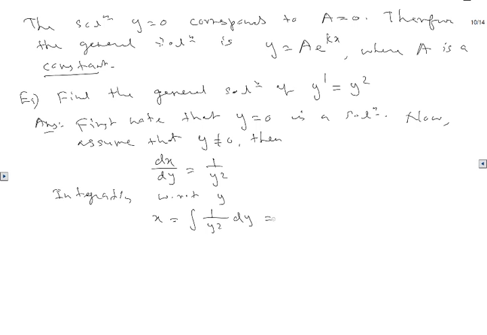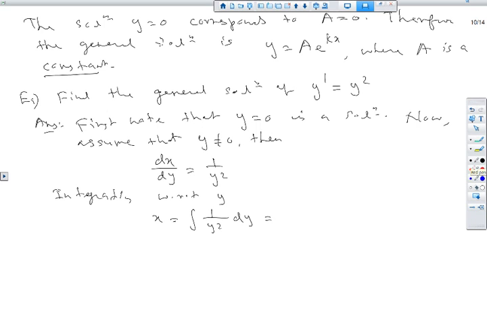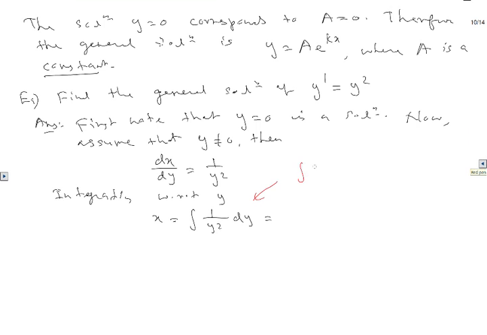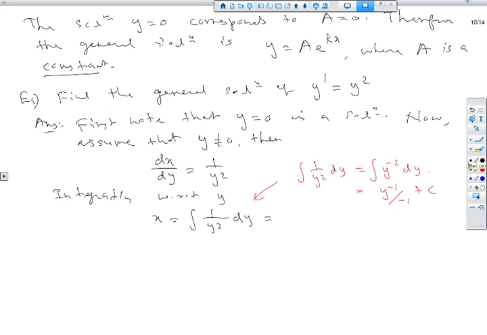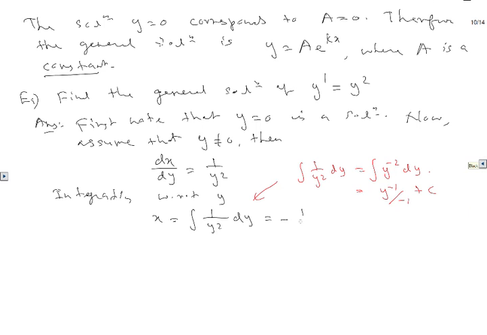I'm going to do the integral here just to show you what's going on. You can write 1 over y squared as y to the negative 2. Now we just use the power rule, and you're going to get y to the negative 1 divided by negative 1, plus c. In other words, negative 1 over y. So it becomes negative 1 over y plus c.